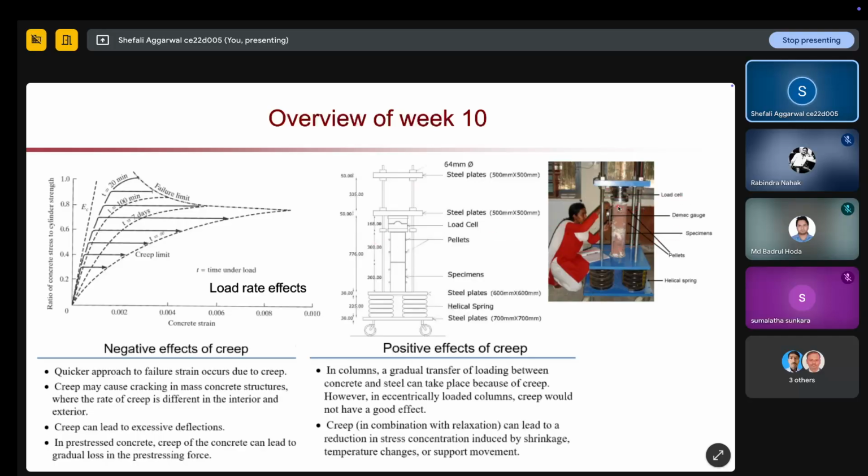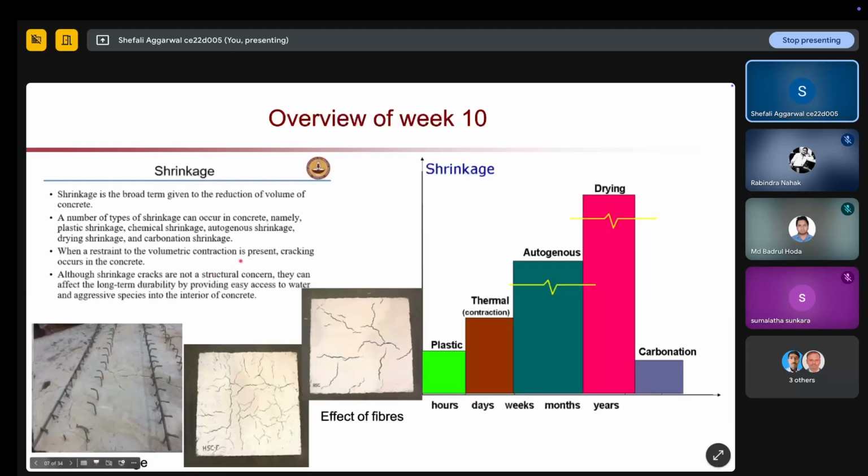Here, if you can see, you attach a strain gauge and measure the strain value continuously, and it will be loaded at a constant load value. Then there were some results showing how it behaves and the different values of creep coefficient. Those things you can read from the PPT itself.